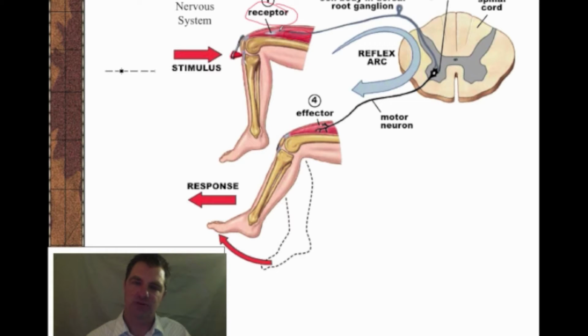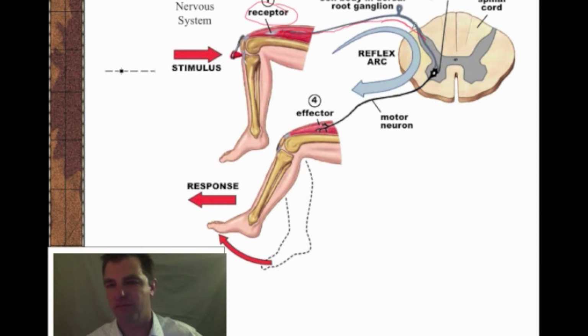The stretch receptor is a sensory receptor that sends that impulse down to the back of your spinal cord. So this is your spinal cord. This would be the back portion of your back, and your stomach would be here. This is like if you cut your shoulders off and looked down into the spinal cord, that's what you see.